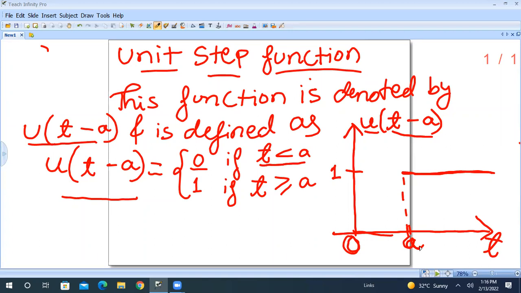We mention it as a dotted line, and then it will be a straight line.